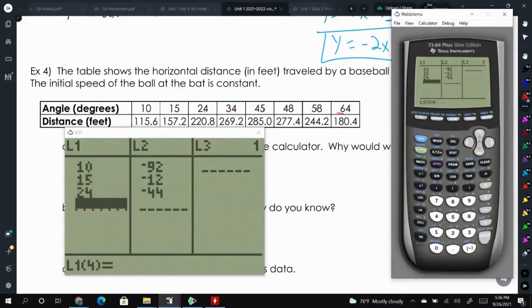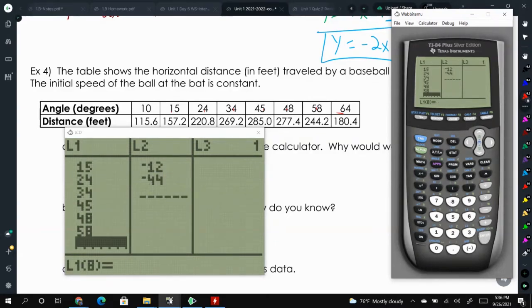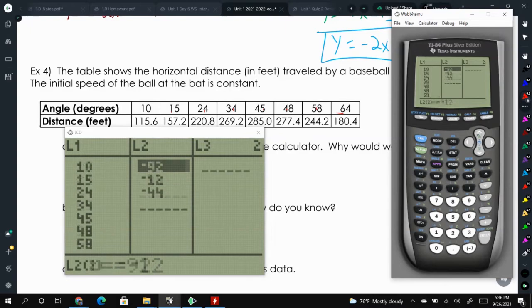And the directions for part A ask us to create a scatter plot on our calculator. I'm going to show you guys how to do that as well. So we have 10, 15, 24, 34, 45, 48, 58, 64. And then go over here and fix these y values.